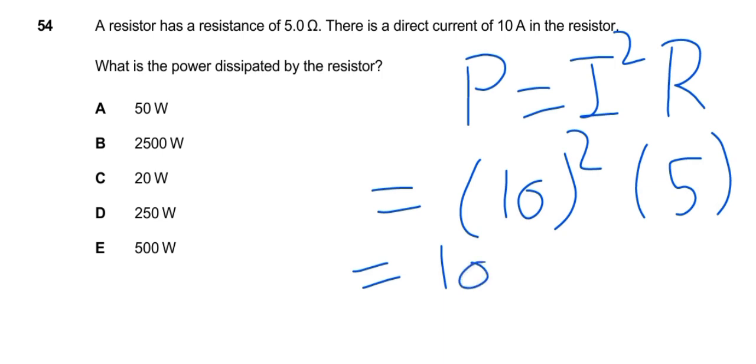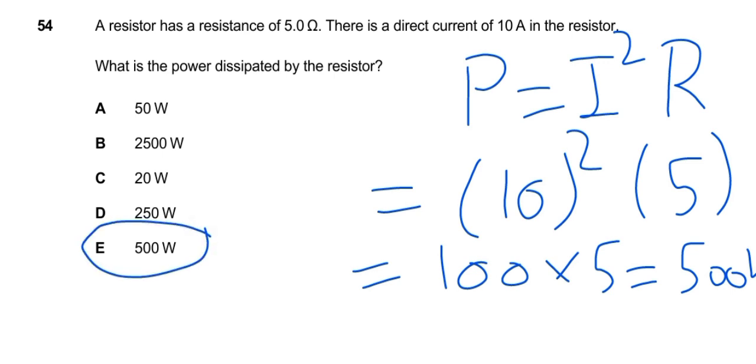So 100 multiplied by 5, and power is equal to 500. As we know, the SI unit of power is watt, so 500 watt. So the right option is option D.